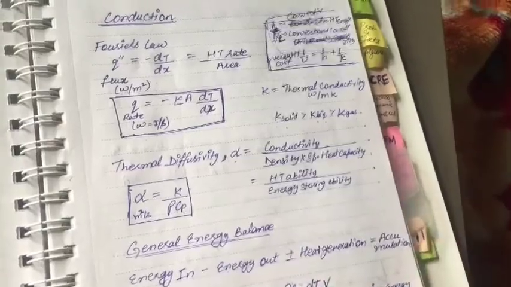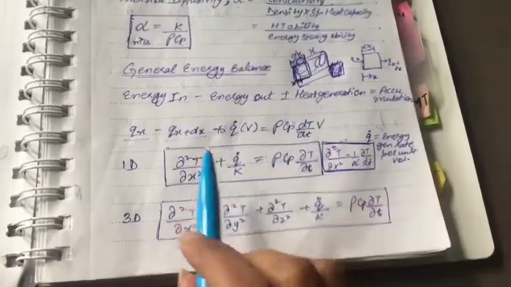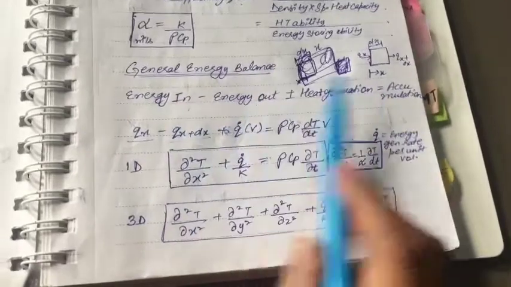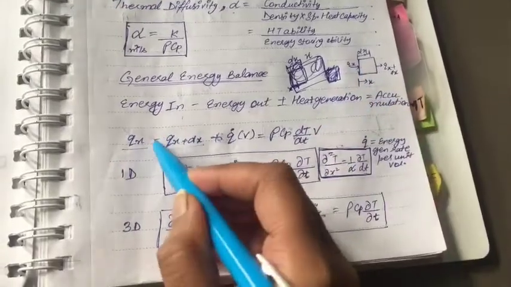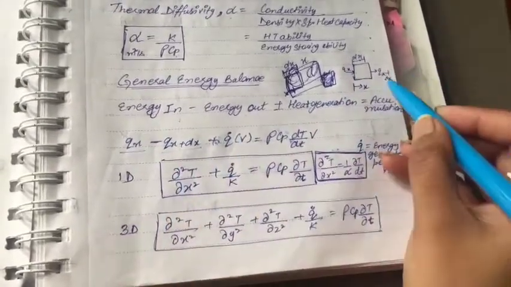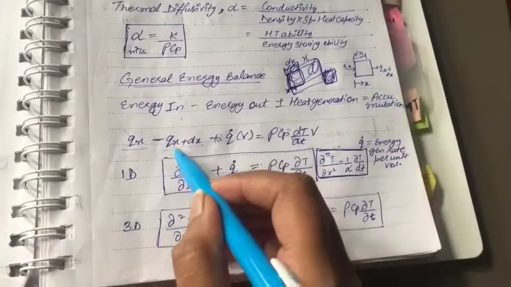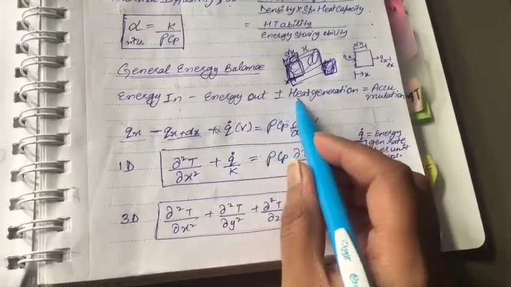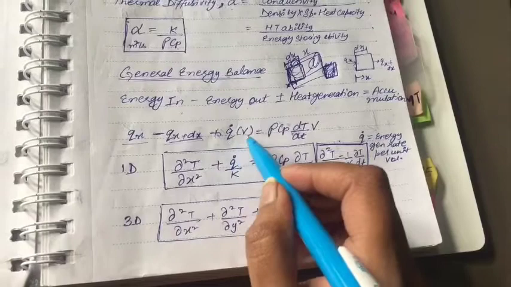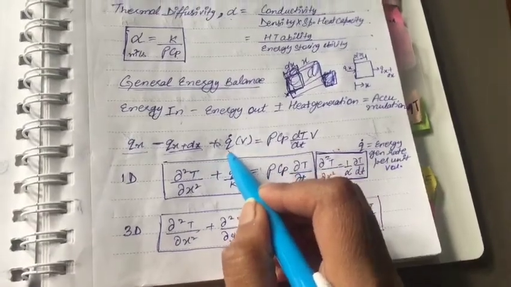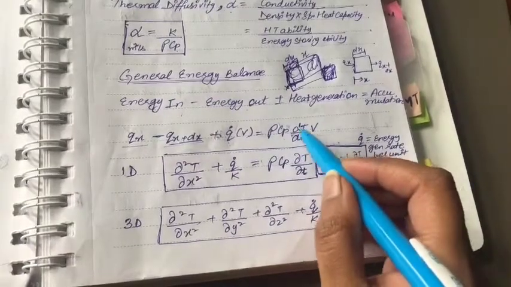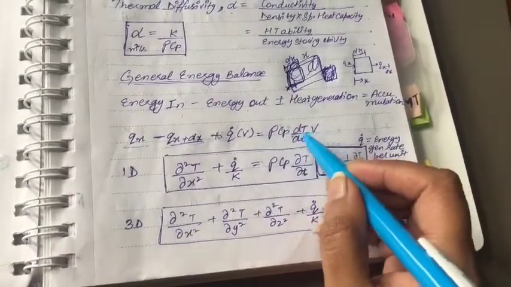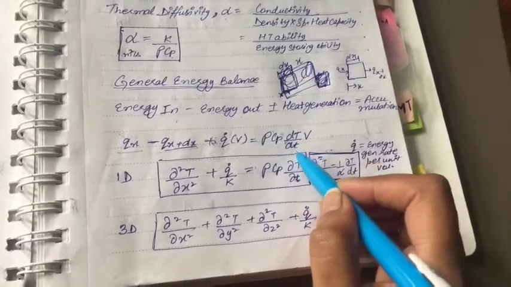Next is general energy balance. Energy in minus energy out plus or minus heat generation is equal to accumulation. Energy going in is Qx, then minus coming out is Qx plus dx, plus heat generation q dot V. q dot is our heat generation, which is equal to rho Cp dT by dt V, in which capital T is temperature, small t is time.